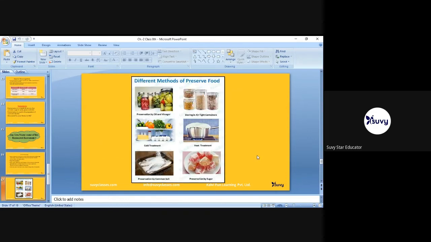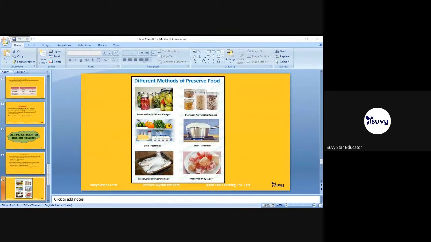So let's see. We have different methods to preserve food. The first one is preservation by oil and vinegar. You have seen your mothers or grandmothers at home preparing pickles, right? They add a lot of oil in the jar, and then they prepare the pickles.